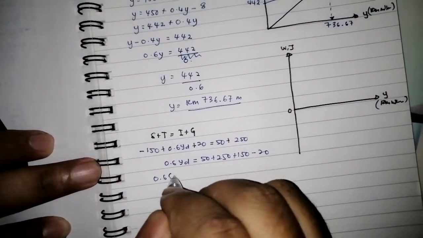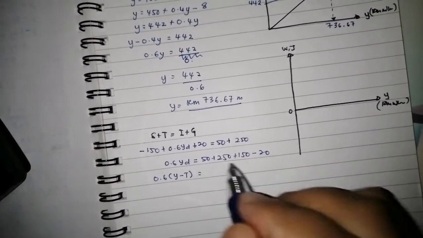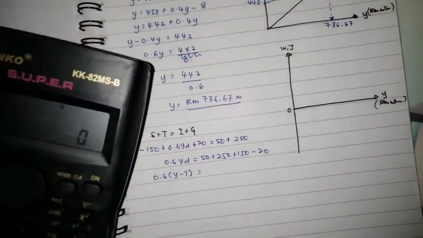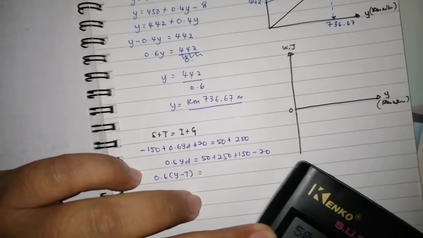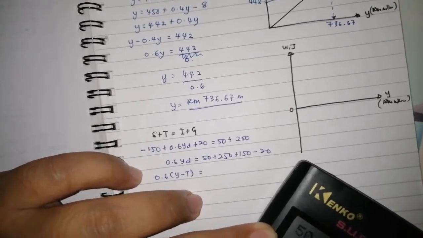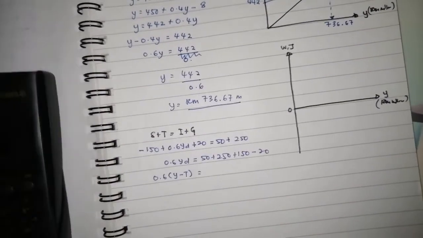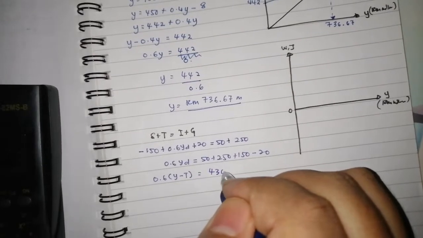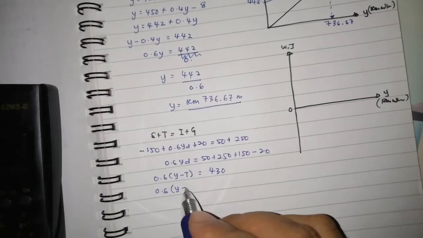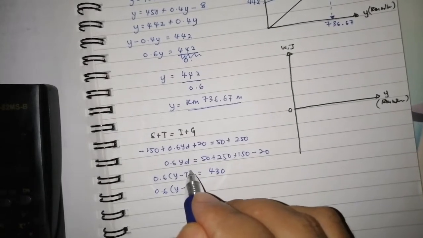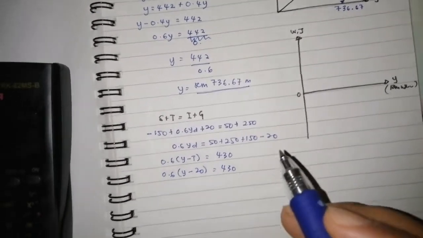So 0.6 times Y minus tax equal to how much here? 50 plus 250 plus 150 minus 20, you get 430.